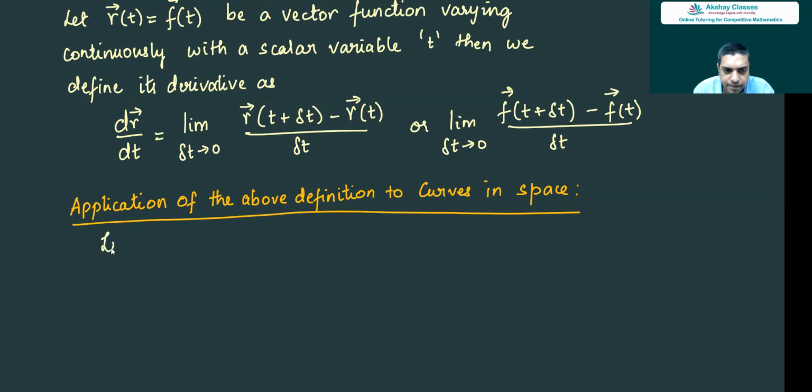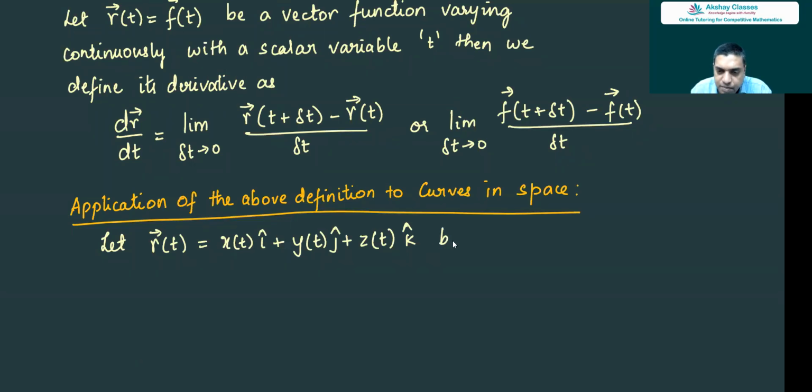So let r of t be, say, x of t i cap plus y of t j cap plus z of t k cap.